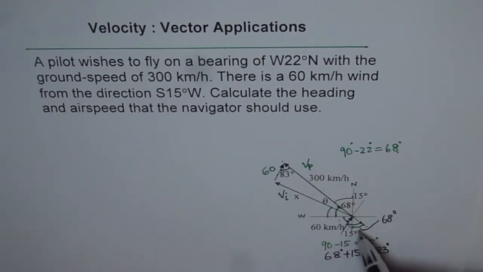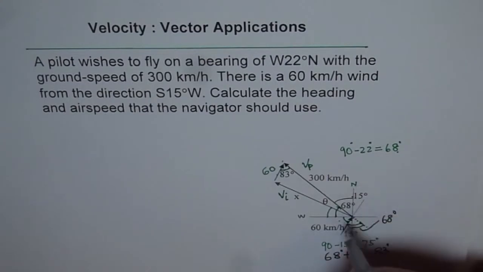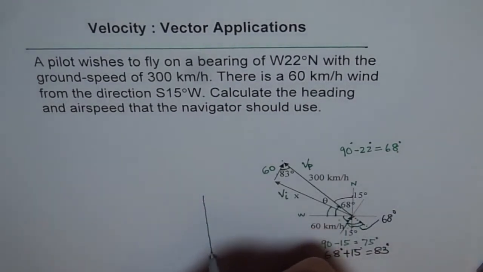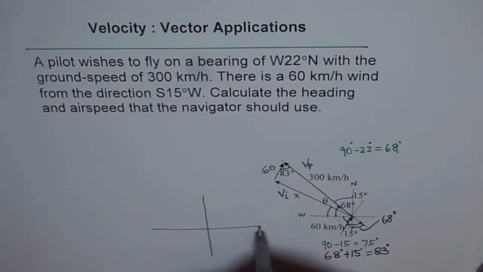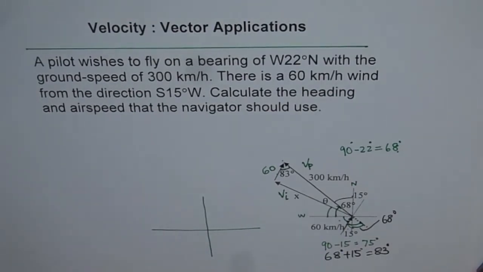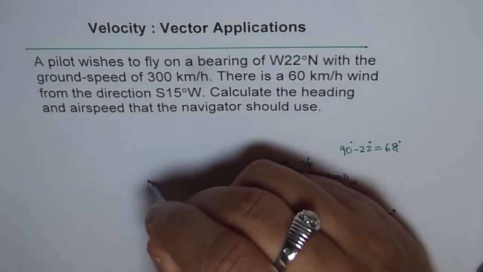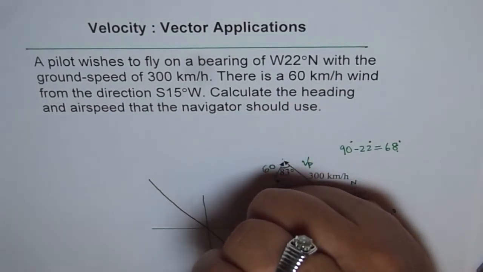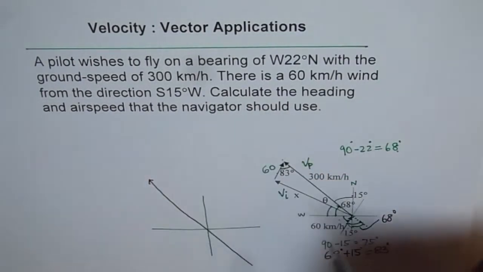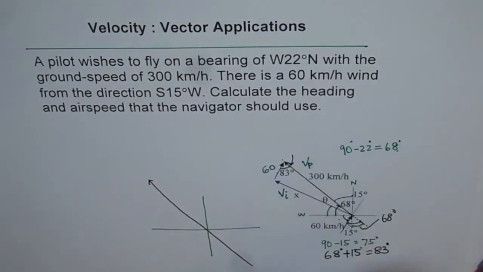Okay. Let me show this calculation once again. So what I will do, I will draw this part enlarged for you and then redo these calculations so that you understand. So we have this line, correct?